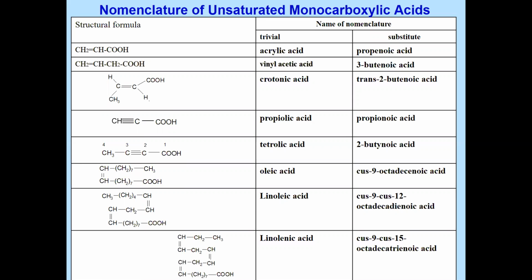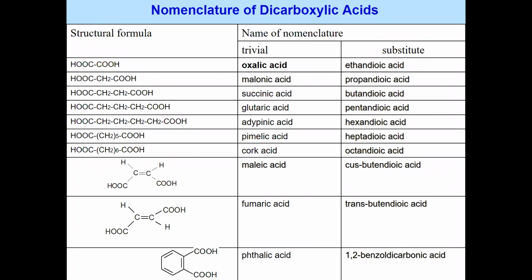For example, acrylic acid, crotonic acid, propiolic acid, tetrolic acid, and others. You can see some important dicarboxylic acids: oxalic acid, malonic acid, succinic acid.